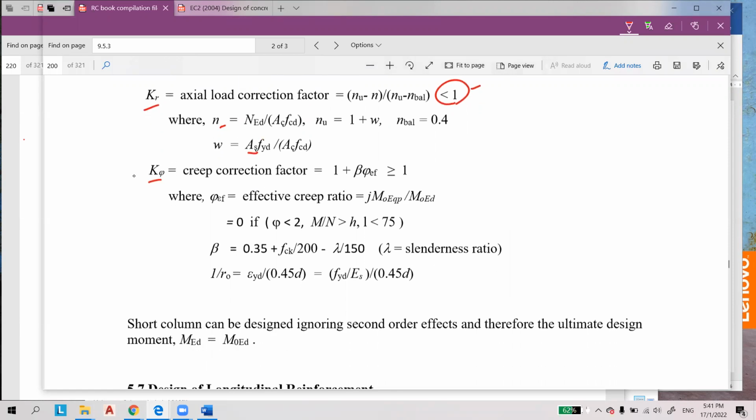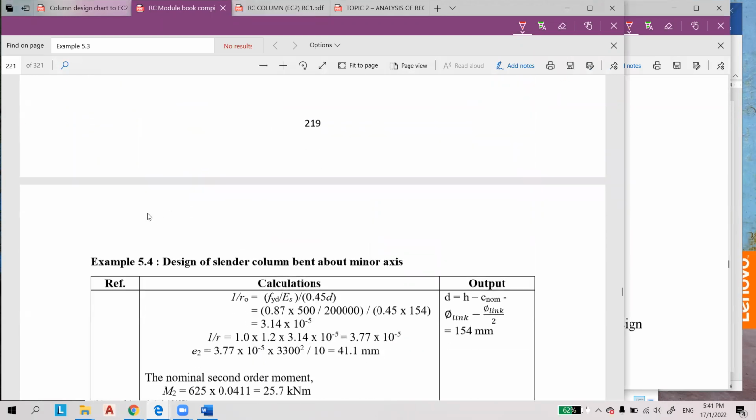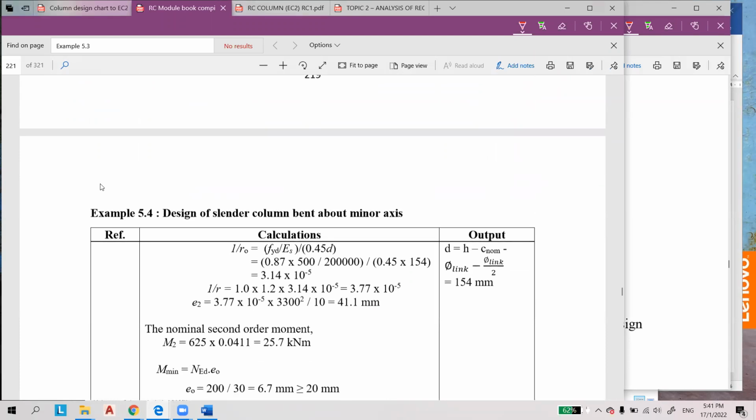and then 1 over R naught is equal to epsilon YD divided by 0.45 D. The creep factor is given, and the 1 over R naught here is FYD.